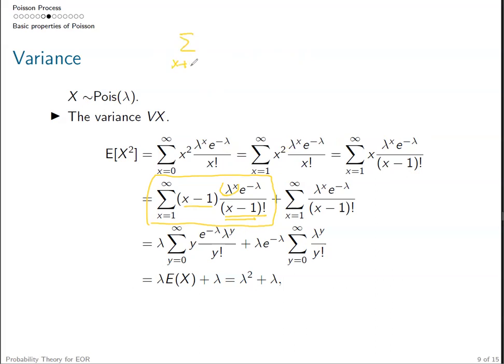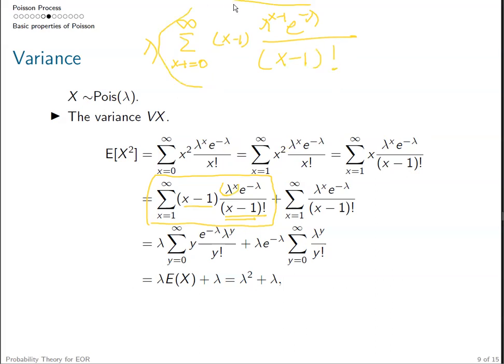So x starts from 1, so x minus 1 starts from 0. Let's move one lambda in front, with x minus 1 factorial.